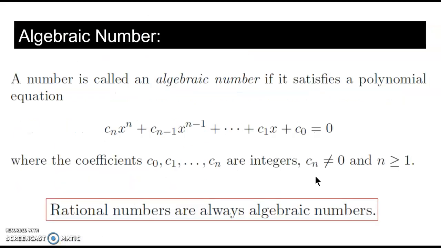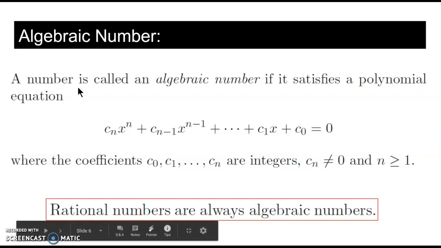Now algebraic numbers. A number is called an algebraic number if it satisfies a polynomial equation, namely Cn x raised to n plus Cn minus 1 x raised to n minus 1 plus so on, plus C1 x plus C0 equal to 0, where the coefficients C0, C1 up to Cn are integers, Cn is not equal to 0 and n is greater than or equal to 1.